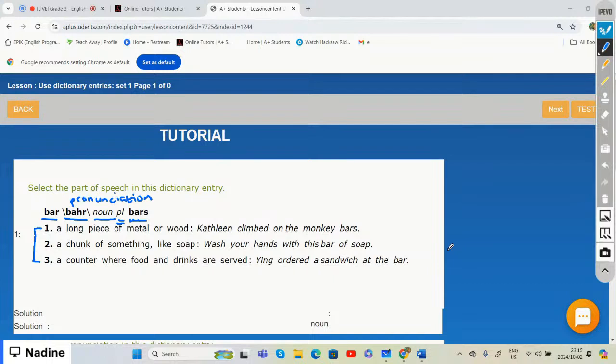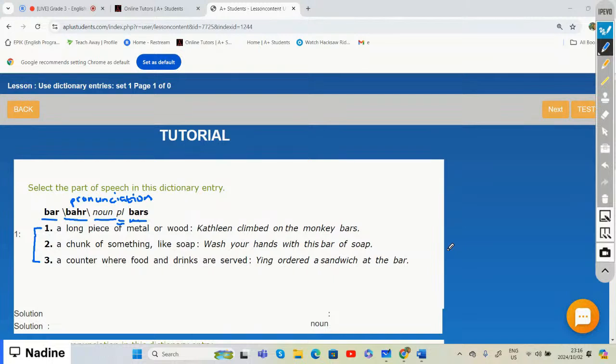And if you look at all three of those meanings, it is one word, but three different meanings. The first meaning is a metal part or wood.